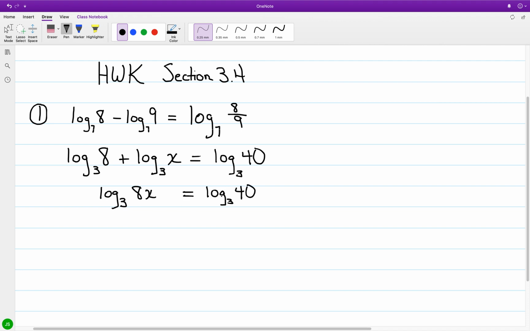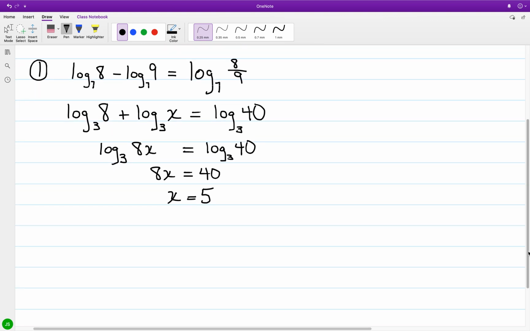And since we have single base 3 logarithmic terms, I can set the attachments equal to each other. So with 8x equal to 40, x is going to be 40 divided by 8. So to fill in the blank, that is going to be the value 5.